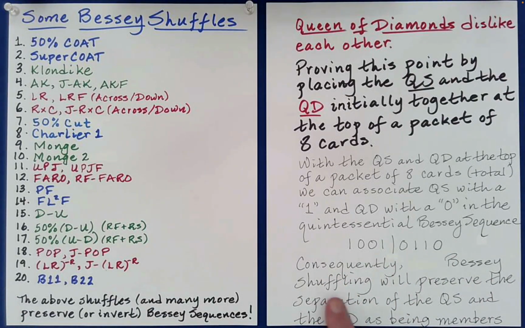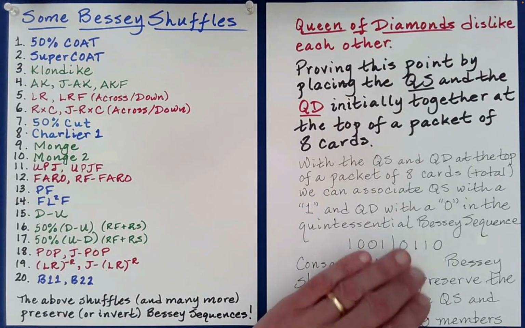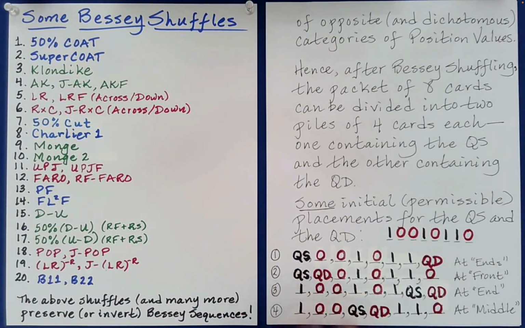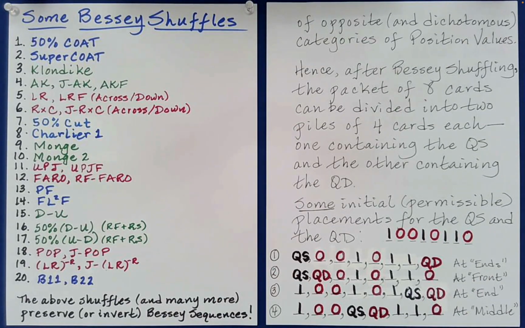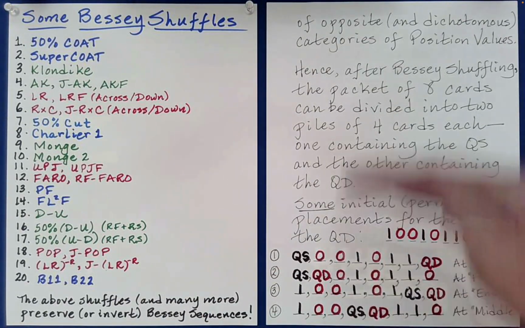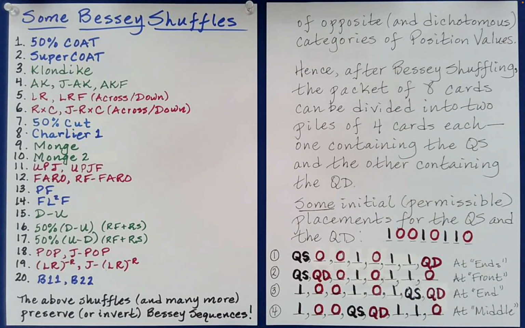Consequently, Bessey shuffling will preserve the separation of the two queens as being members of opposite and dichotomous categories of position values. So let's go ahead and demonstrate this before we continue looking at our write-up here.